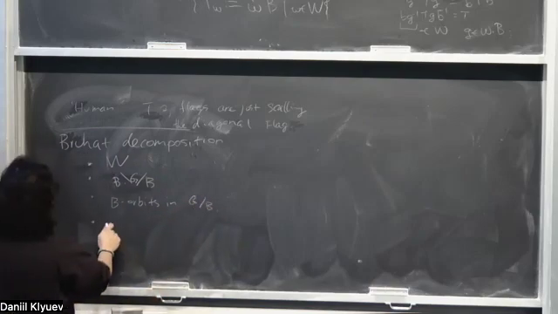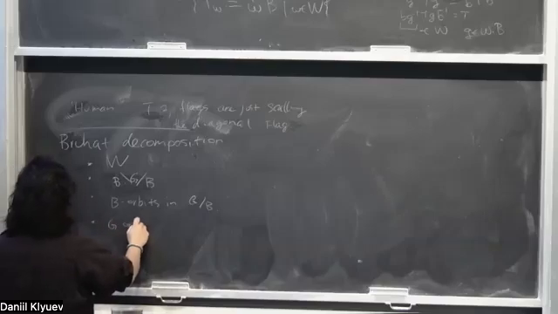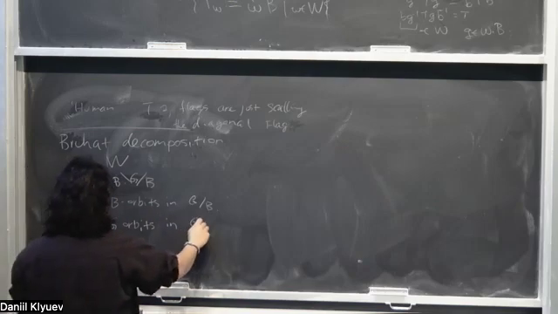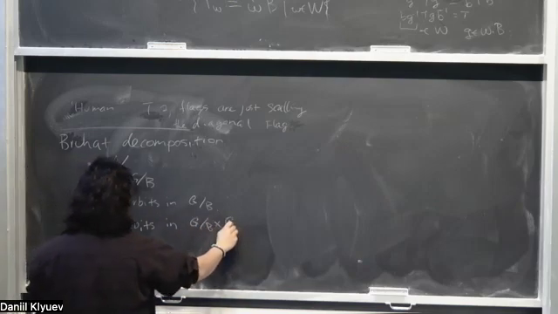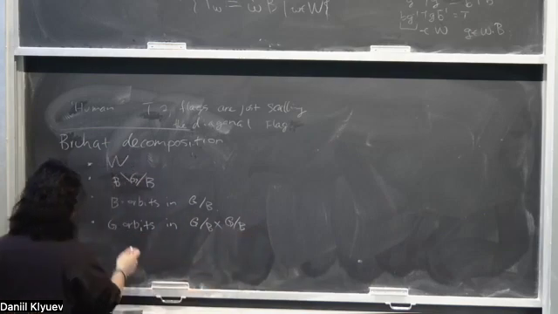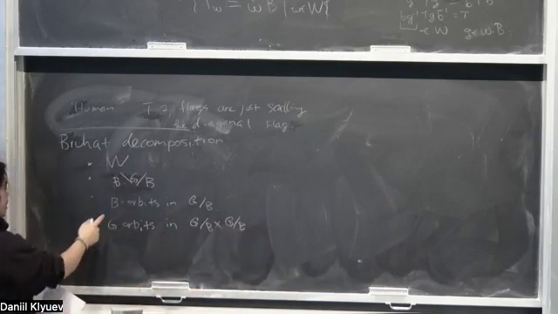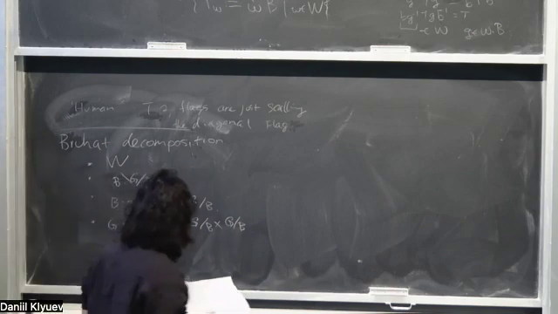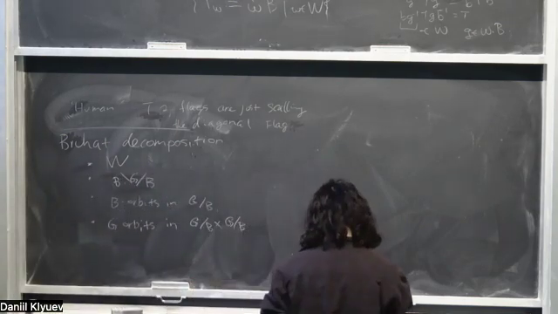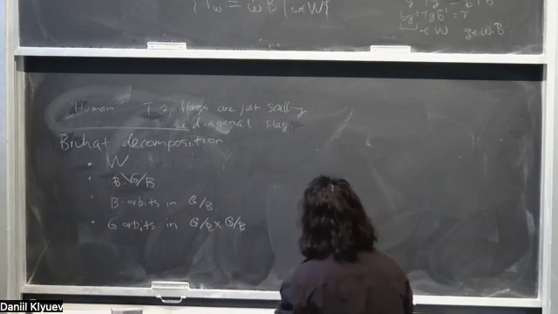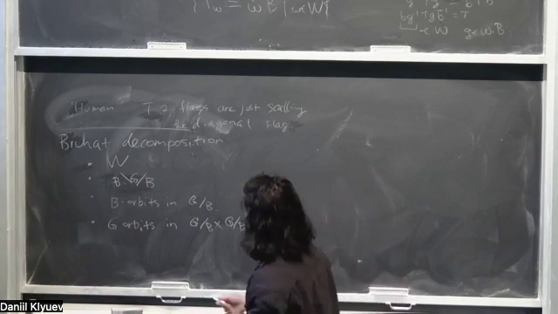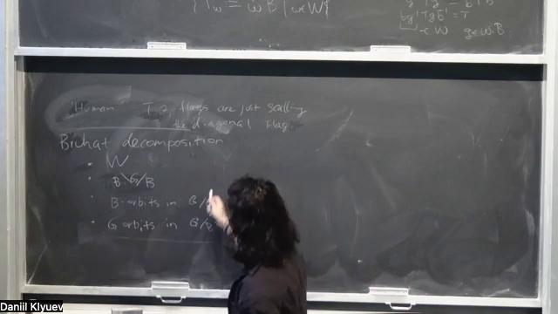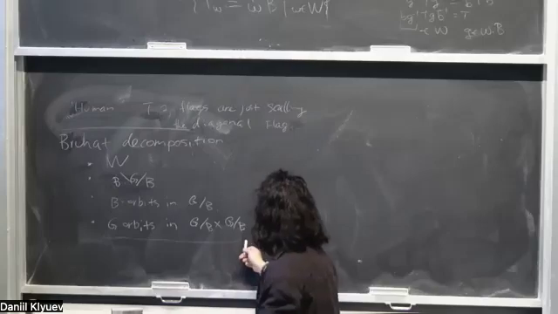and G orbits in this product, where it acts diagonally. Here it acts by left multiplication. I think the easiest way to think of Bruhat decomposition is from the last perspective.